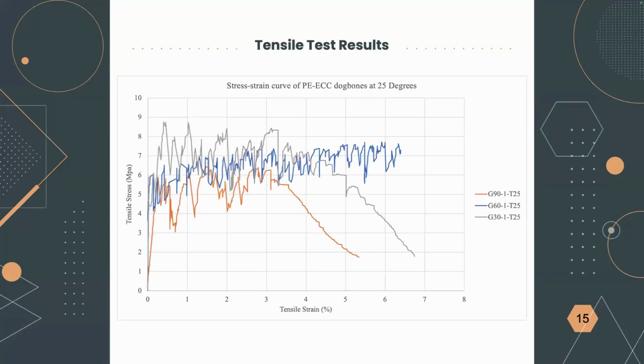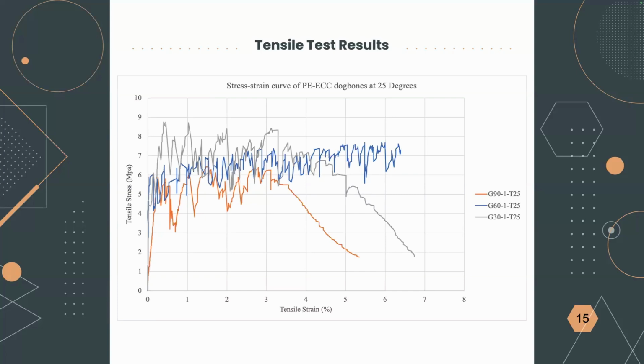And these are the graphs that are extracted from the machine. Now, you may wonder, why do we have a lot of drops and peaks in this graph, for example? These drops denote the strain hardening behavior of ECC. What do we mean by strain hardening? ECC fails under multiple cracks. It doesn't only have one crack. It has multiple cracks, and these cracks keep on forming while we are testing the specimen.